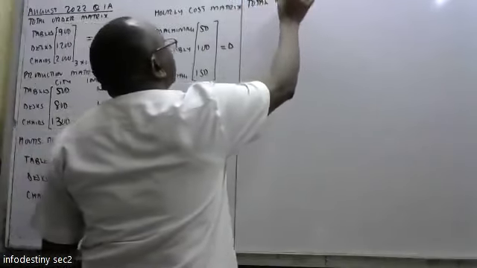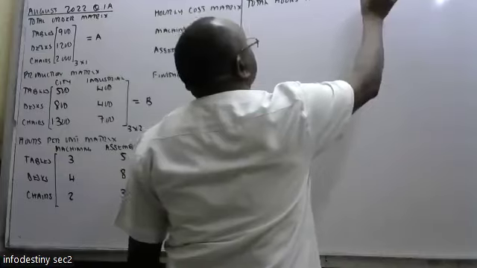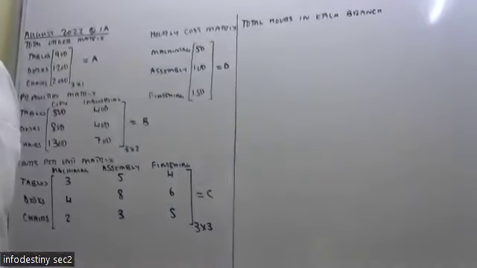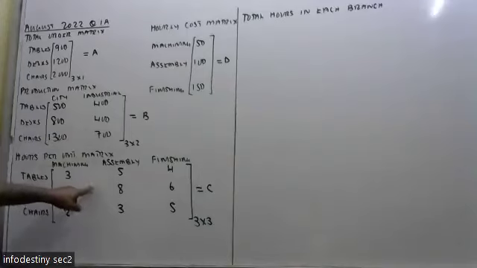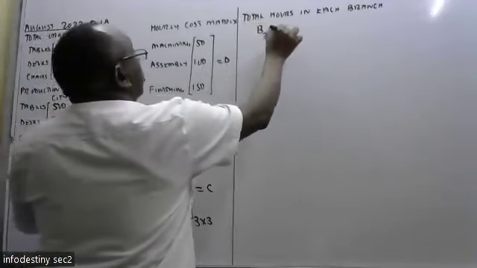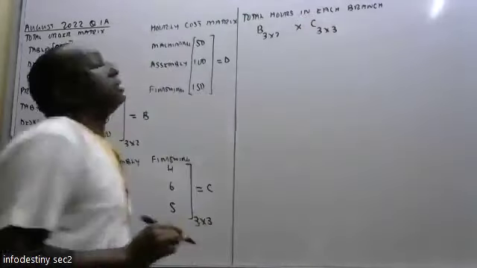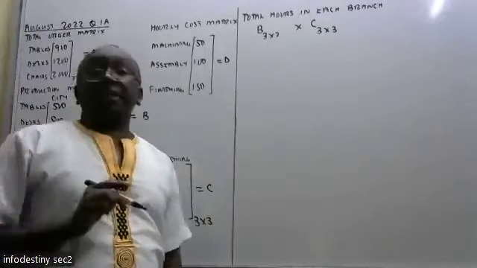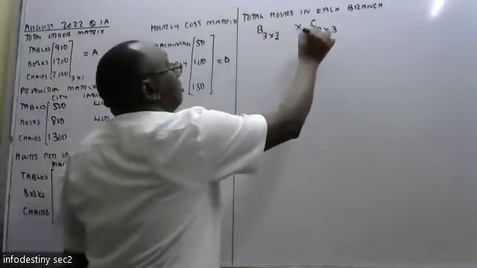If I'm looking for total hours in each branch, we have already agreed that we need to take this to multiply by this. If I take B, which is 3 by 2, and multiply by C, which is 3 by 3, I told you for you to multiply matrices, they must be compatible. The number of columns in the first must be equal to the number of rows in the second.